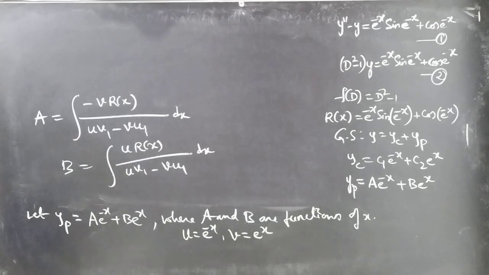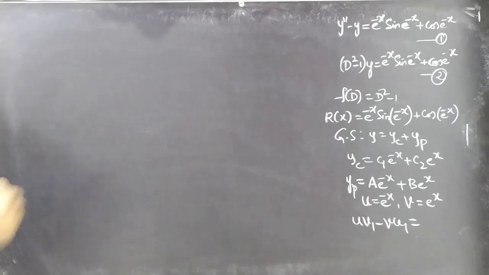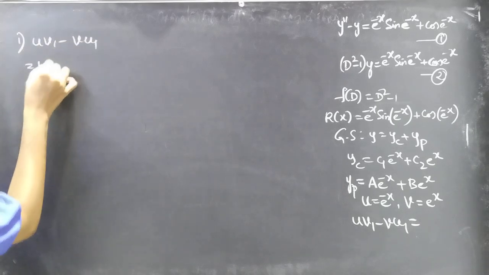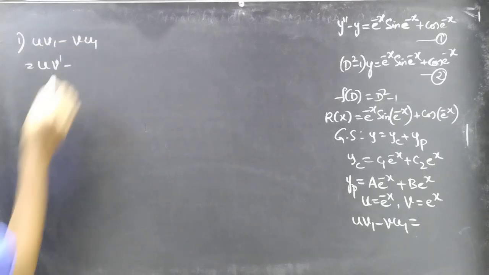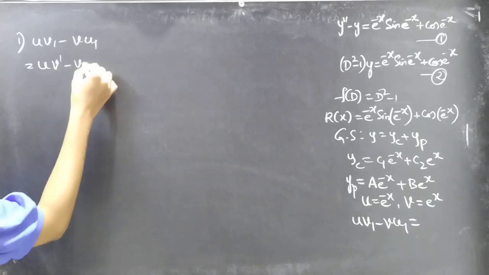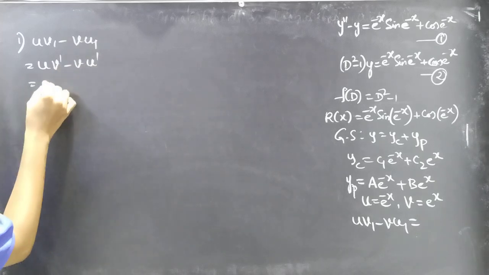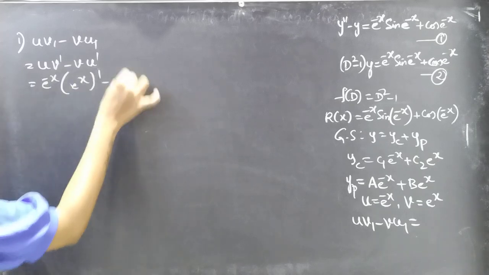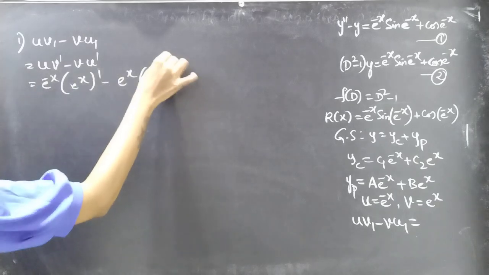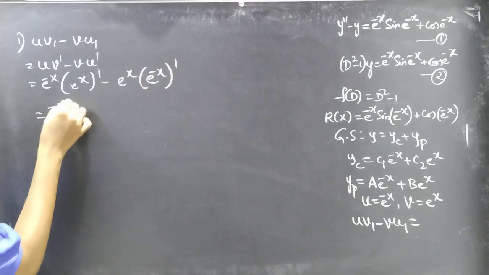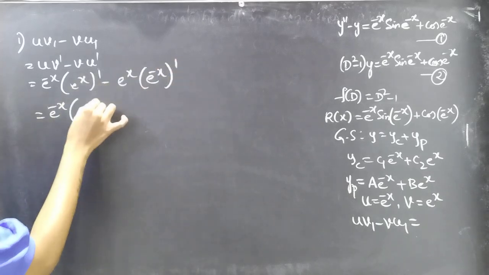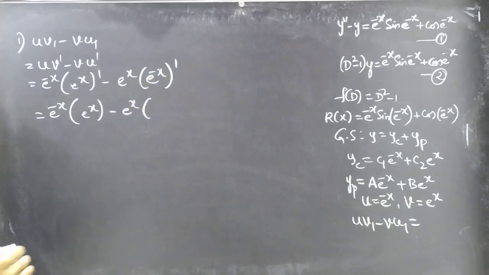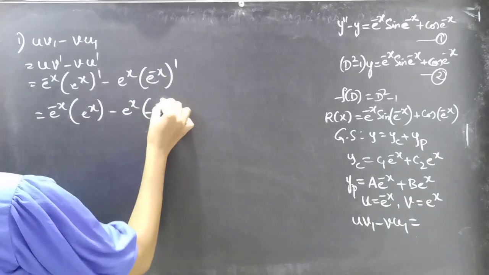Now coming to u v1 minus v u1. Here v1 is nothing but v dash or derivative of v, and u1 is nothing but derivative of u. This is equals to u, e^(-x), into v dash minus v into u dash. This is equals to e^(-x) into derivative of e^x with respect to x, which is e^x, minus e^x into derivative of e^(-x) with respect to x, which is minus e^(-x).